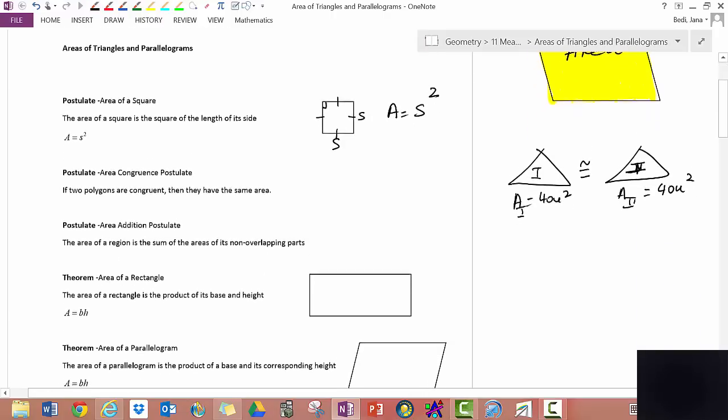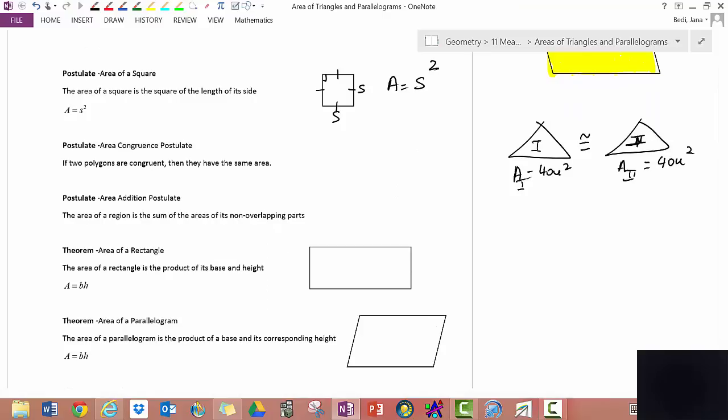Area addition postulate. So let's say I have a figure like this. I have a circle and I have a rectangle. If I want to find their combined areas, then I take the area of the circle, area of the rectangle, and I would add them.